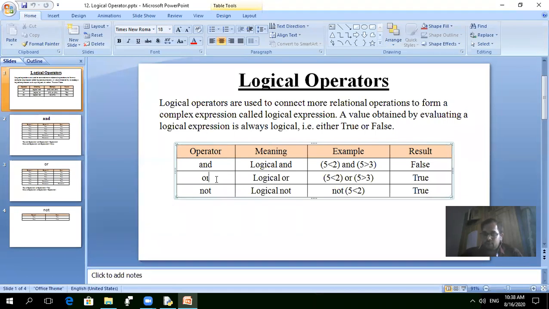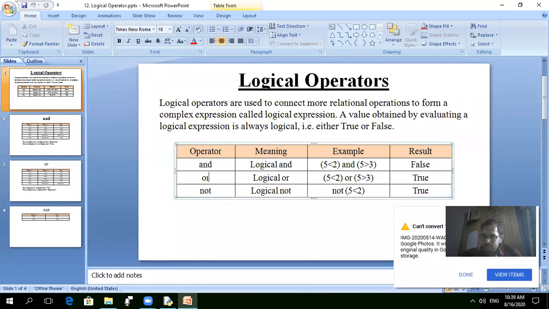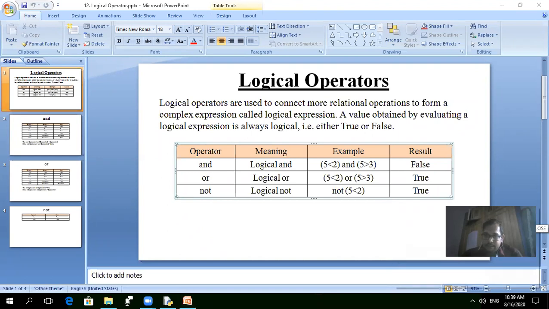In case of or, if either one of the conditions is true, then the result is true, otherwise false. Not always reverses the operation. If you provide true, it will convert true to false. If you provide false, it will convert false to true.